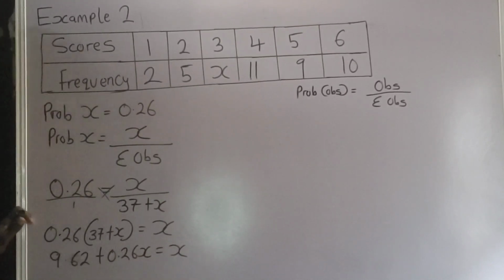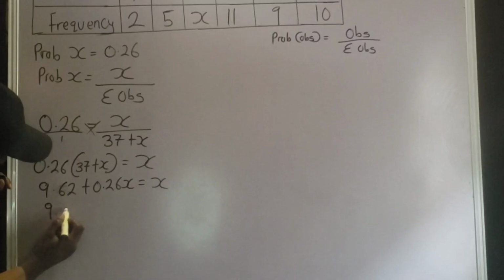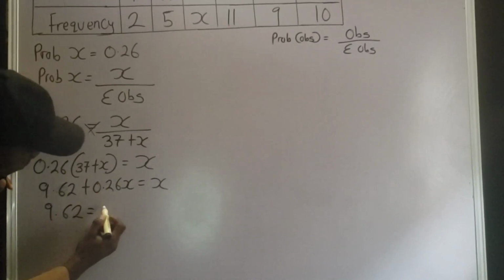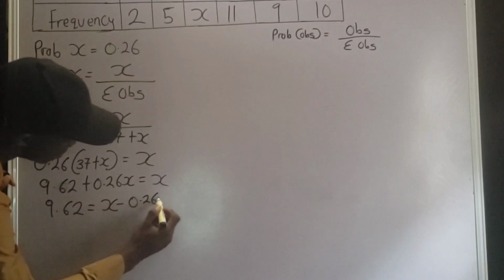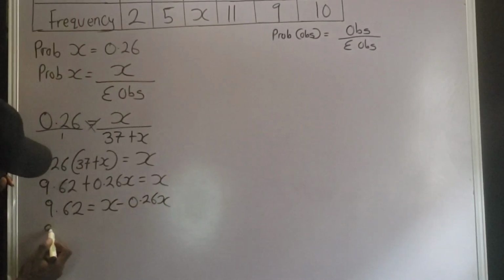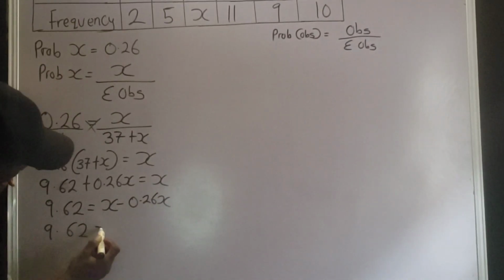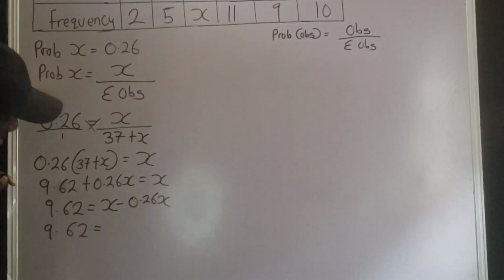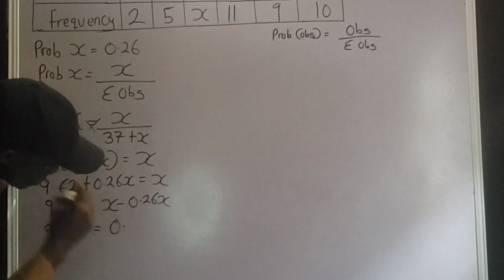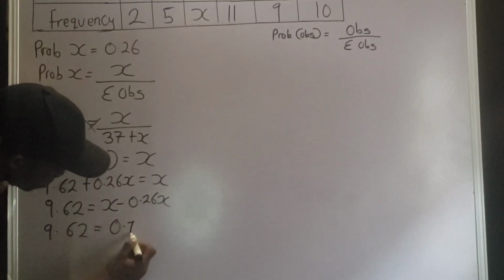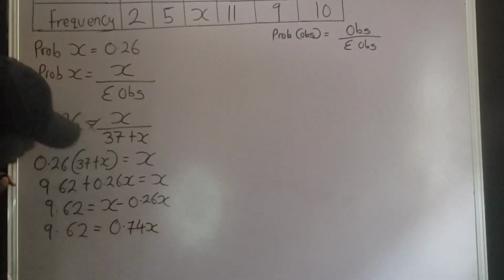You understand? So now let us proceed. If I collect like terms, I'm going to have 9.62 is equal to x minus 0.26x. That is 0.74x.